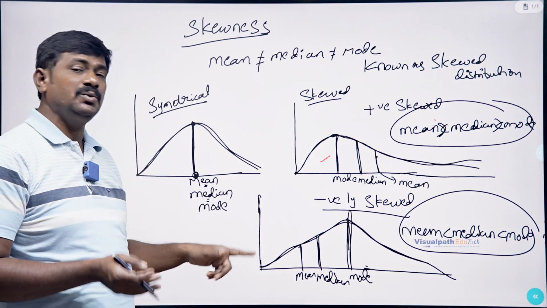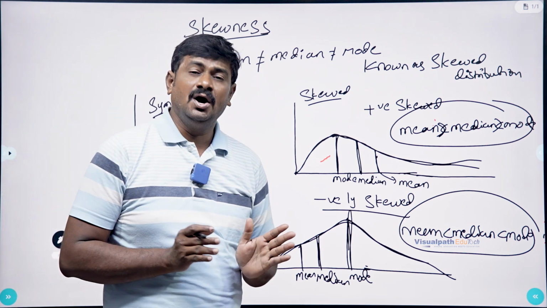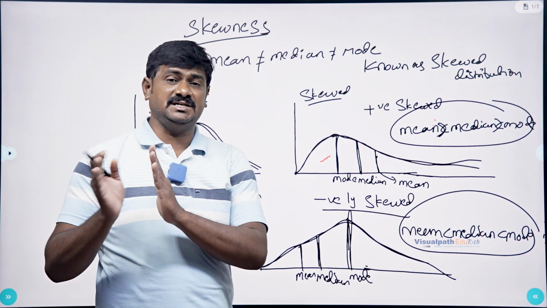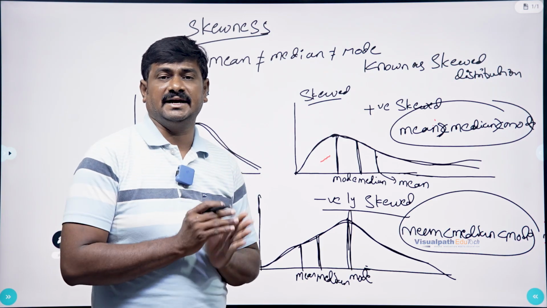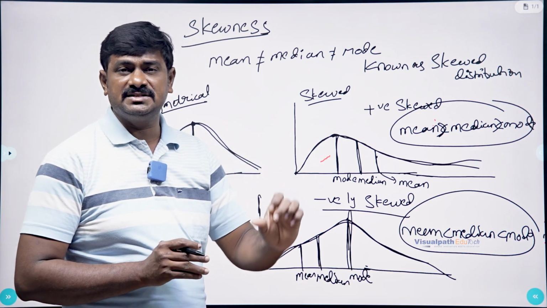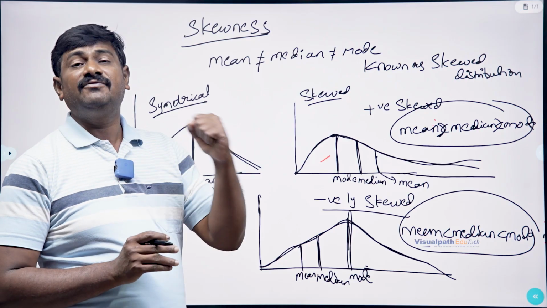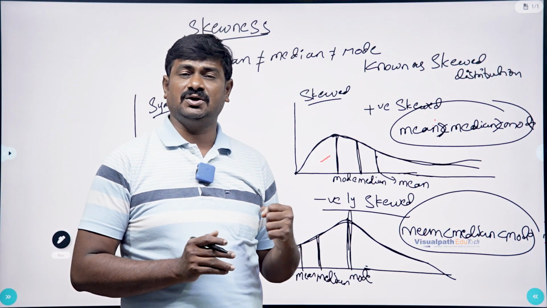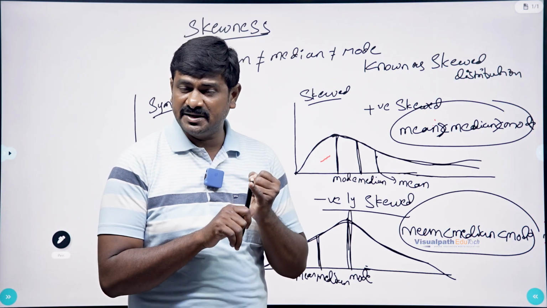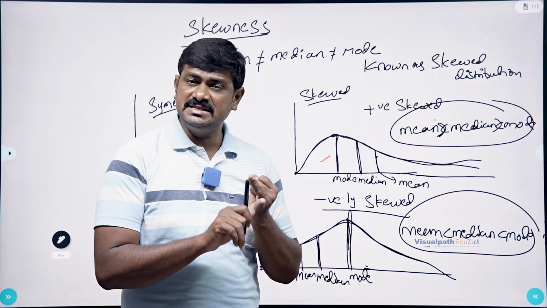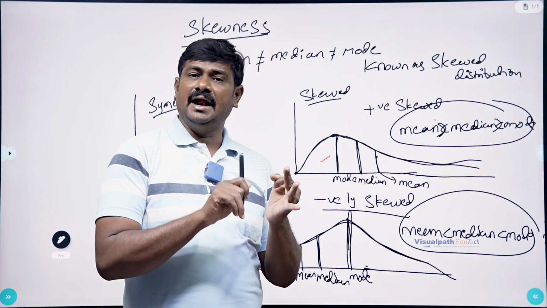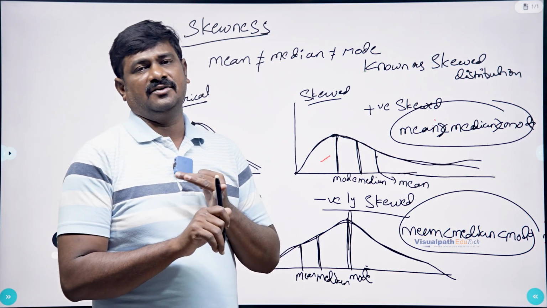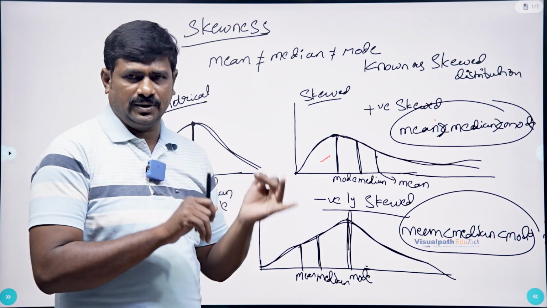So we have to find out how much skewed it is, positively or negatively. To find out this skewness, we have different methods, that is Kelly's method of skewness and Bowley's method of skewness, and kurtosis we can find out with the help of skewness.